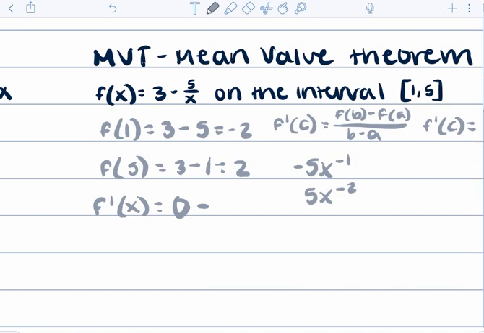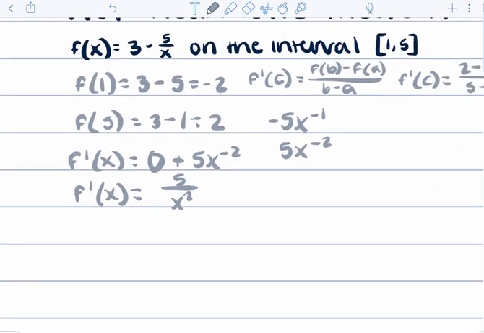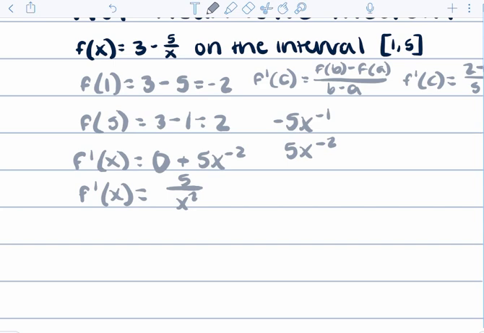So it would be plus 5x to the negative 2, and that's basically 5 over x squared. And if we make that equal to 1, we get 5 over x squared equals 1, or x squared equals 5, or x equals plus or minus square root of 5.